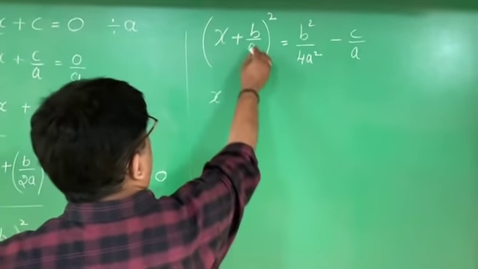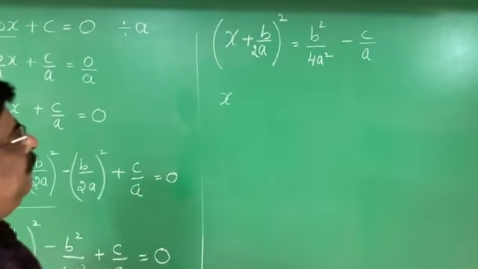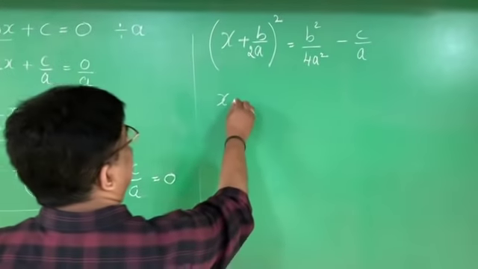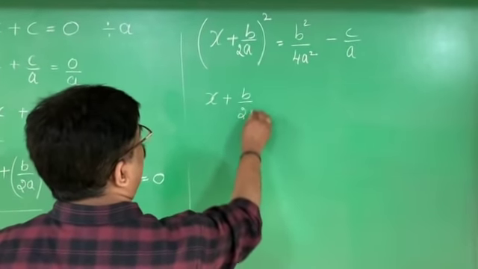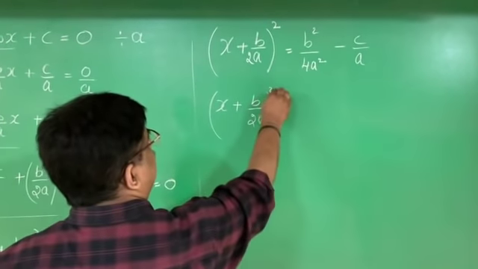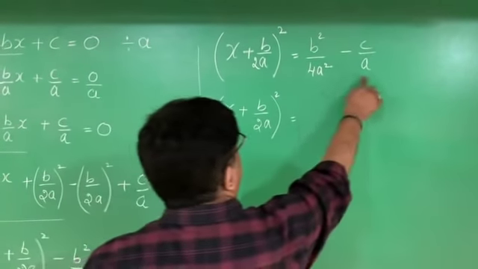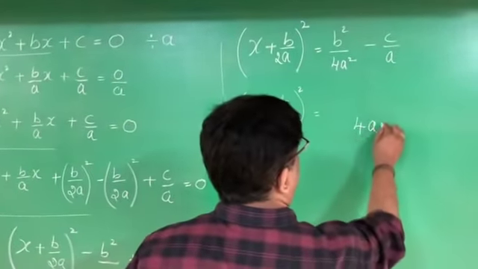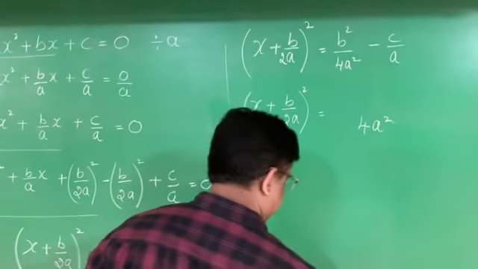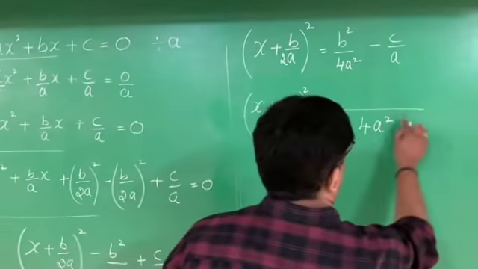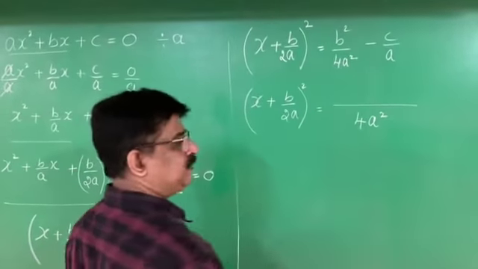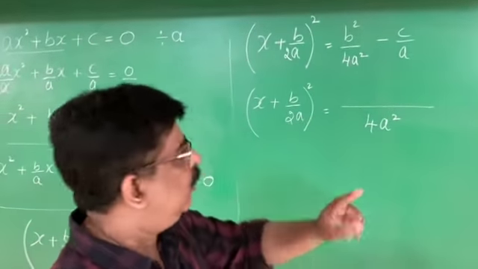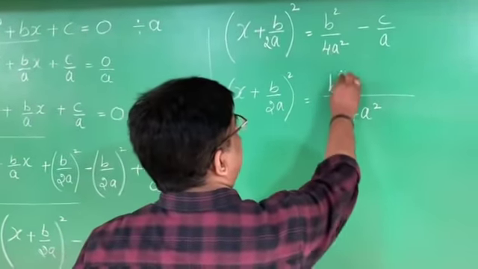See, x plus b by 2a whole square is equal to b square by 4a square minus c by a. What is the LCM of these two? 4a square and a. 4a square is the LCM. 4a square divided by 4a square is 1. 1 into b square is b square.